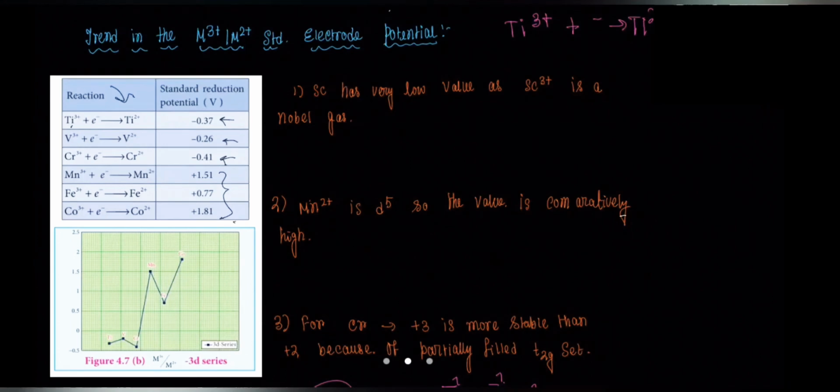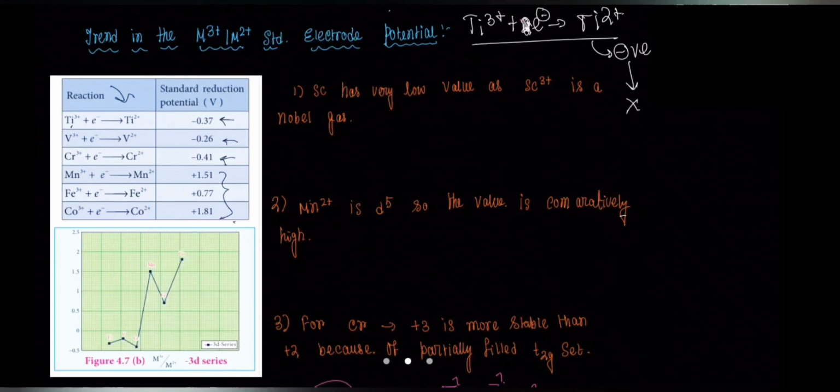So the reaction titanium 3 plus taking 1 electron to become titanium 2 plus has a value of negative 0.37. So the value is negative. What does that mean? That means this reaction is unlikely to happen, because the delta G would be positive here, isn't it? So the first three reactions are not supposed to happen.